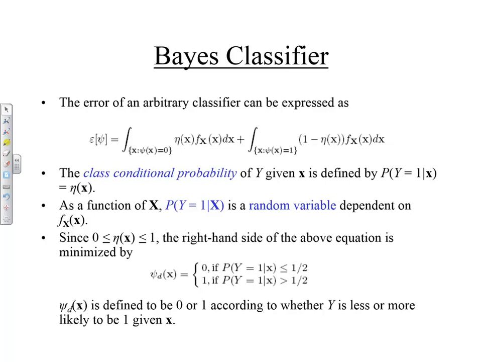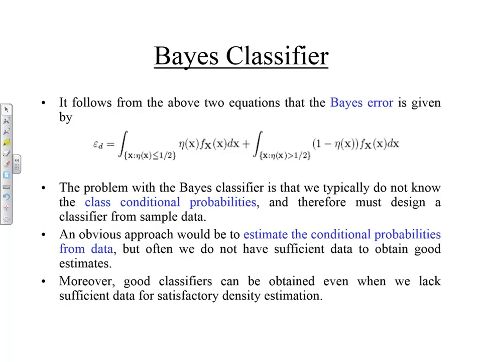But before that, let's say you have chosen this optimal classifier, which is the Bayes classifier. So now you can replace psi by psi d, and you can write down the formula for the error of the best classifier, which is called the Bayes error. If you apply the classifier that we have designed, it follows from the above two equations that the Bayes error is given by this expression.